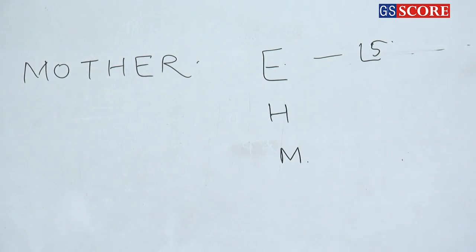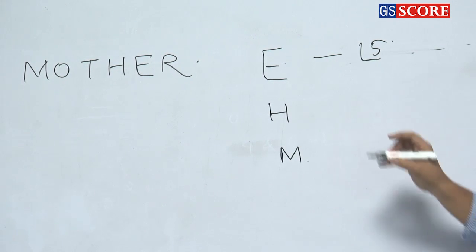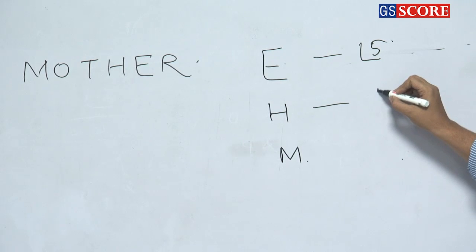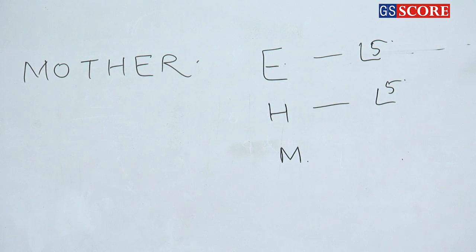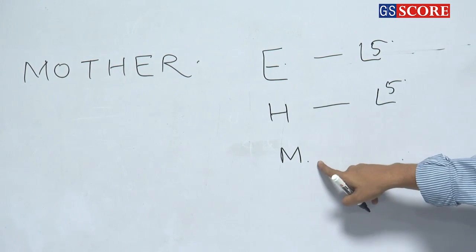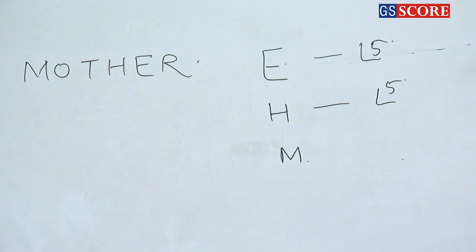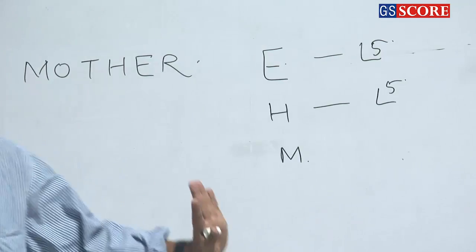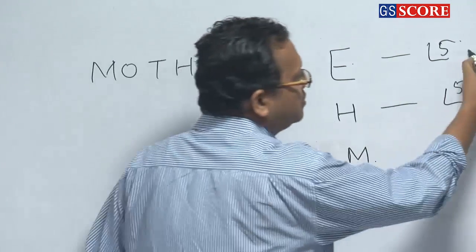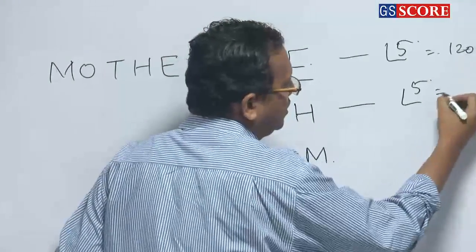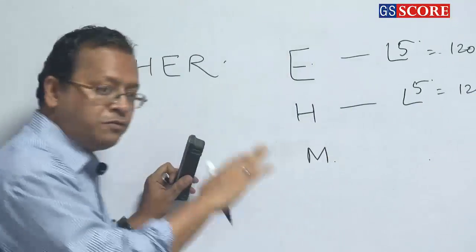Then I fix H. The other letters can be arranged in how many ways? Factorial 5. Clear or not? Then I come with M. Isn't it? Now, what is factorial 5? 120 and 120, which means 240 words are gone.